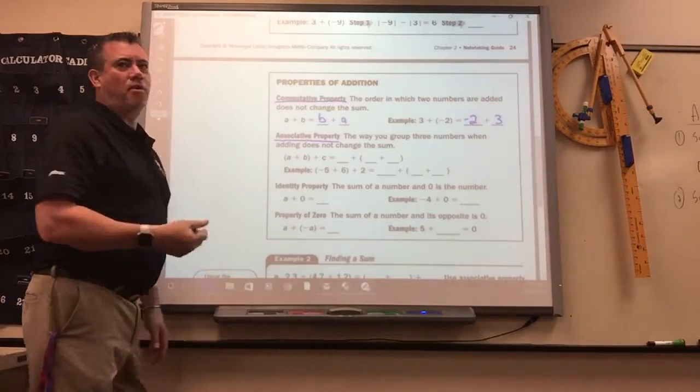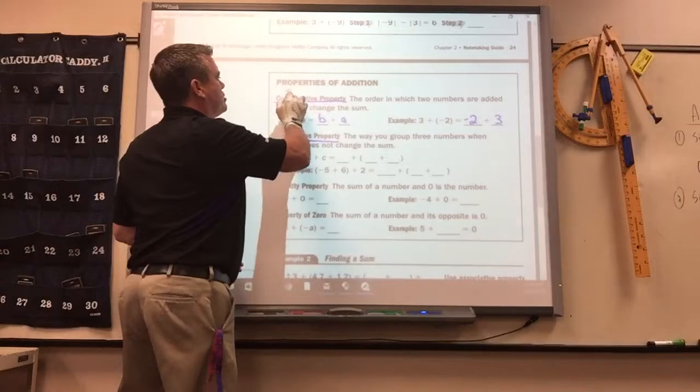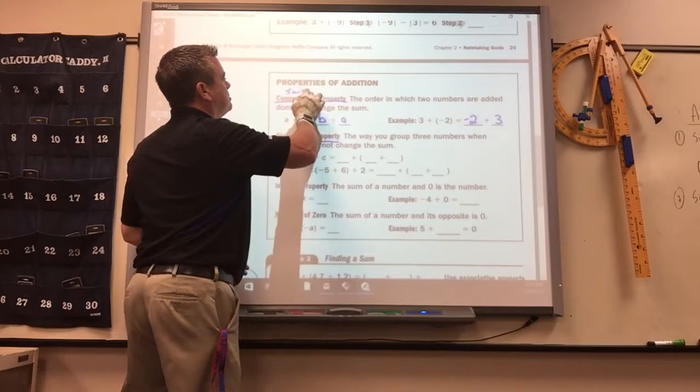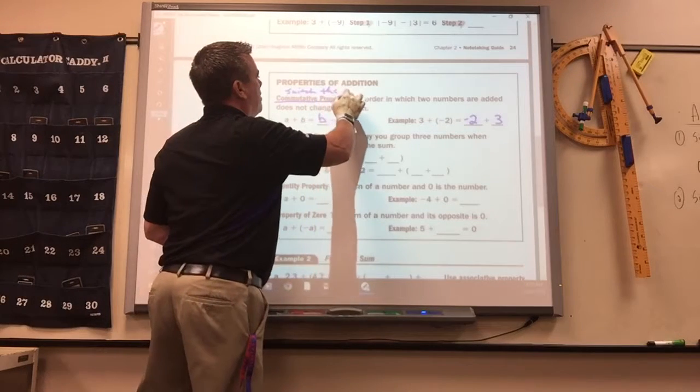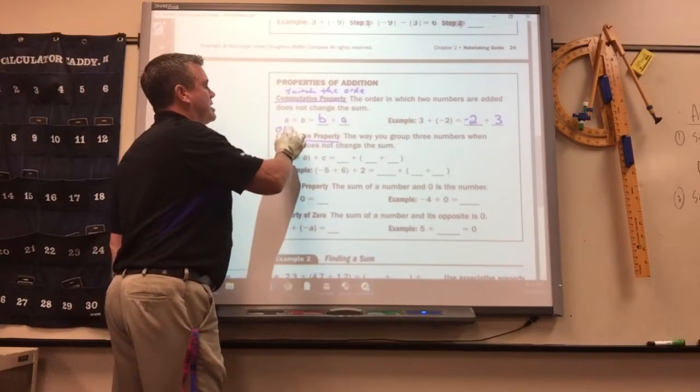Associative. So the difference between these two is commutative is you can switch the order. Associative is the order stays the same.